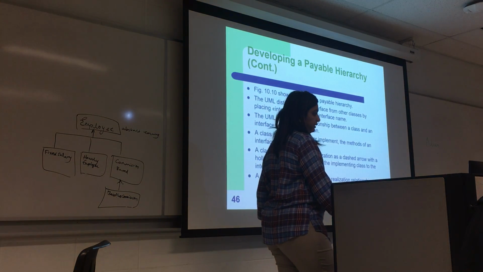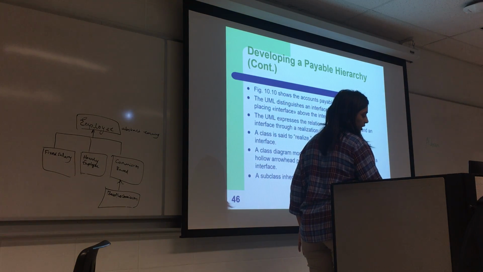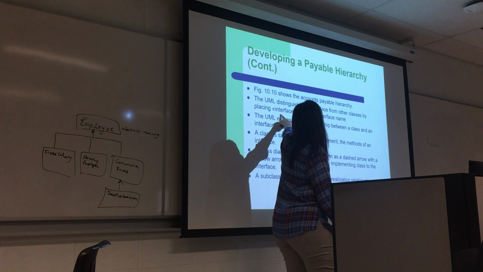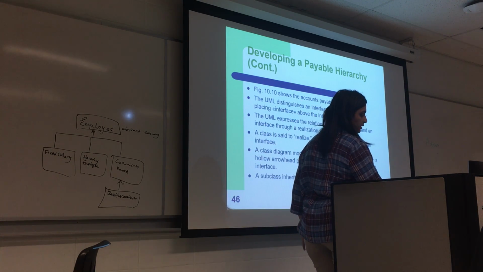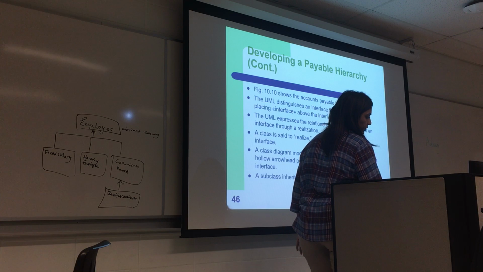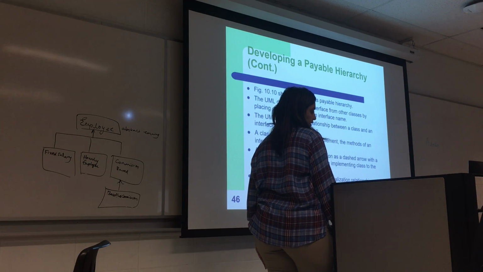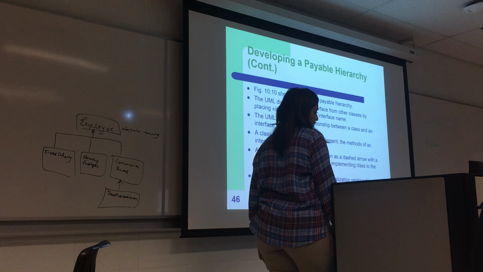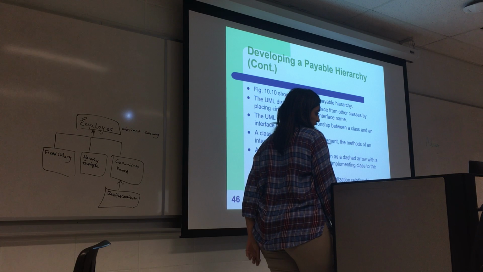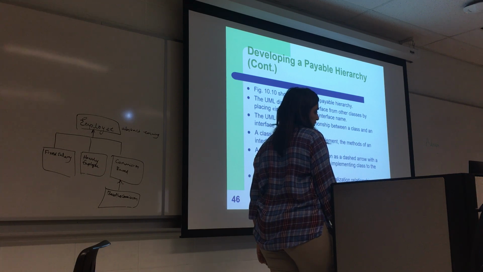There is UML that is distinguishing an interface. So you specify an interface like this in the UML, and the UML expresses the relationship between a class and an interface through a realization. A class is said to realize or implement the methods of an interface.